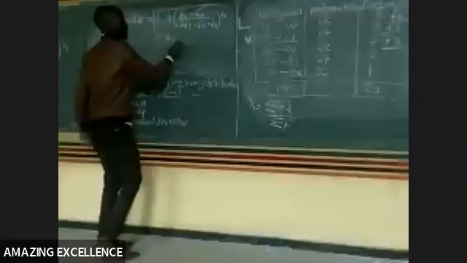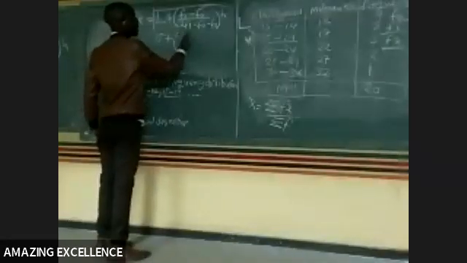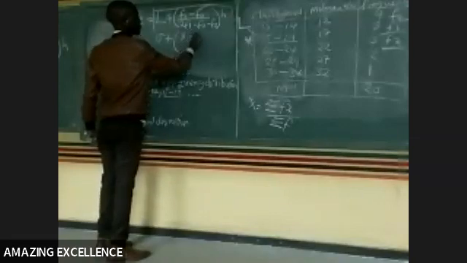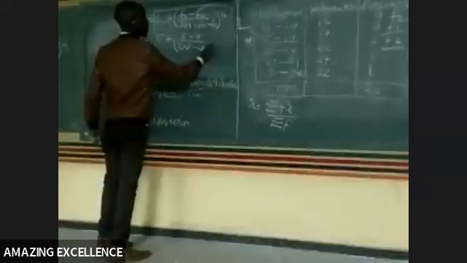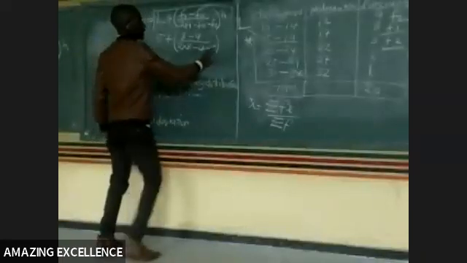Our L is 15 plus the F1, 8, minus the F0, which is 4, over 2 times the F1, 8, minus 4, minus 5, times the class size 4.